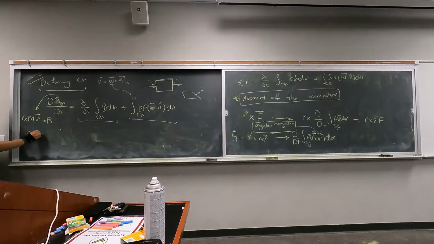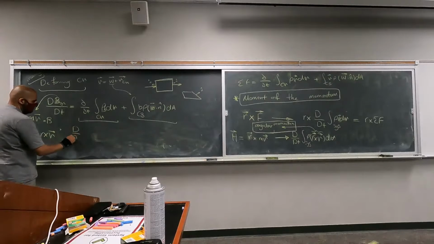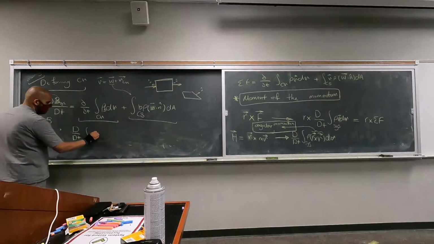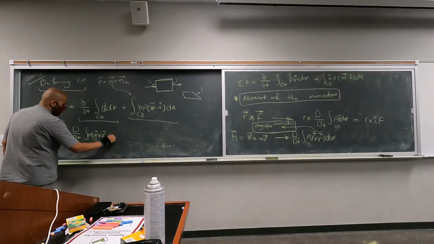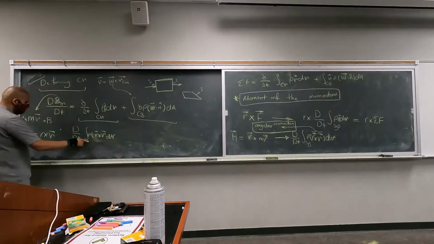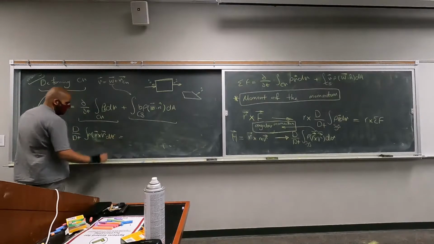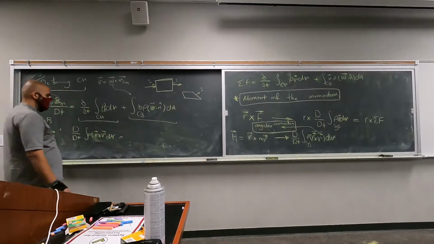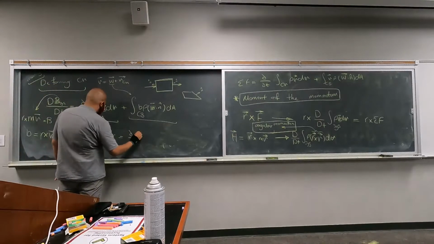The intensive property will simply be R cross V, a specific angular momentum, or a small h. So we can say the d/dt of this is the same as R cross mV. The only thing is we are not assuming density is uniform, right? So we can write the Reynolds transport theorem for this.